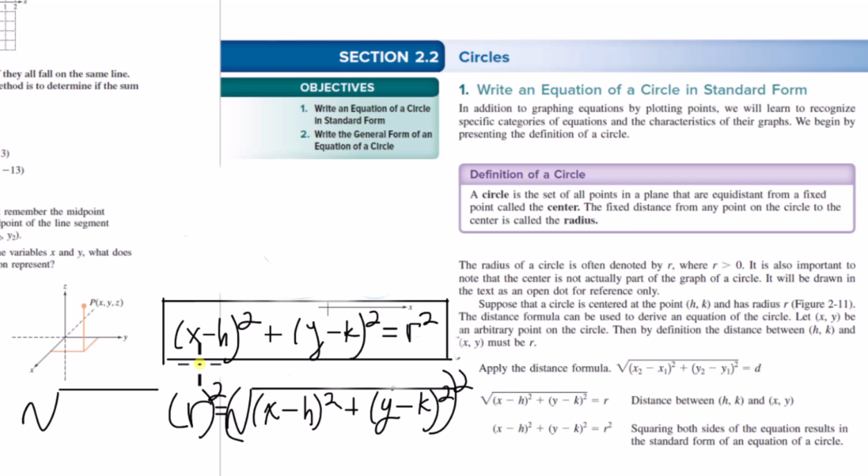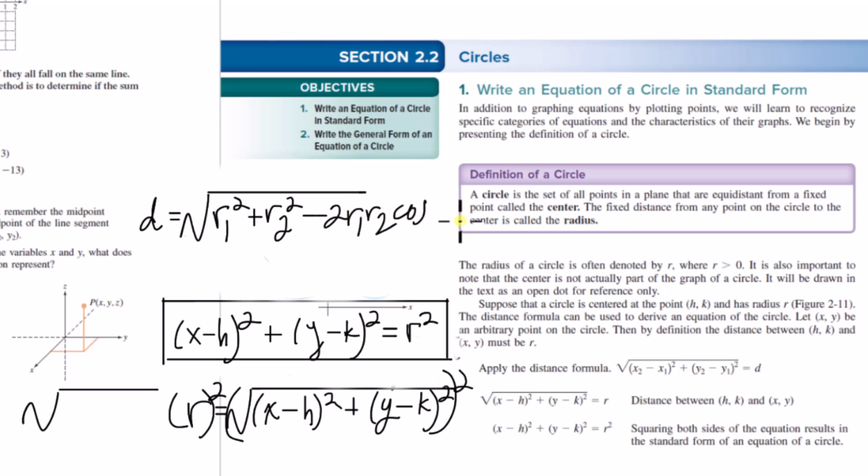But you can come up with a distance formula for any coordinate system, and for the polar coordinate system, d is equal to the principal square root of r1 squared plus r2 squared minus 2 r1 r2 cosine of (theta 2 minus theta 1).